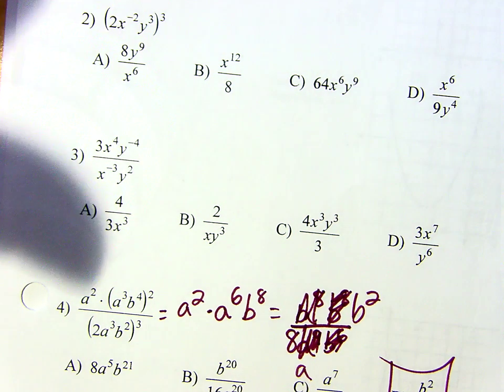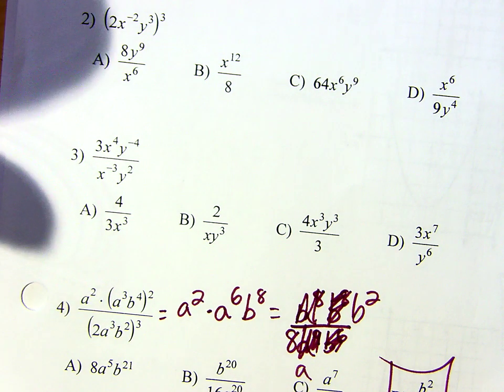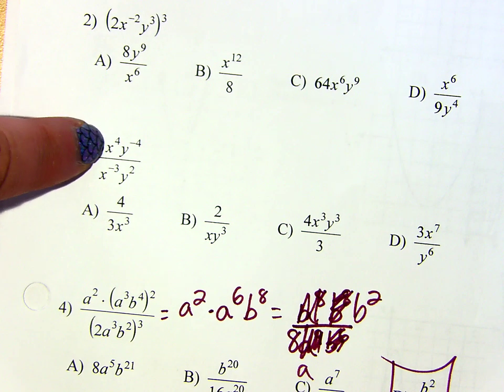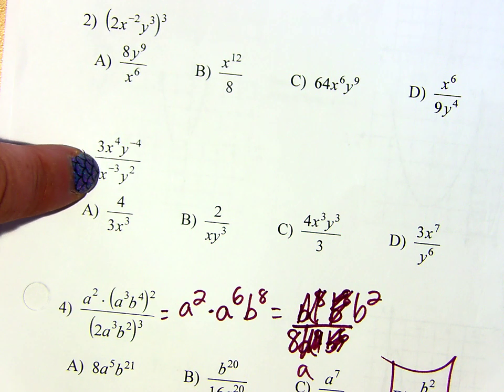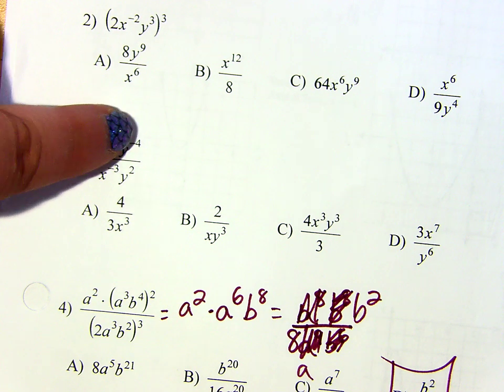Let's assume that there was more than one choice that had a 3 in the numerator, though. So, look at the x's. That x to the 4th is going to stay exactly where it is, isn't it? What happens to that x to the negative 3rd down there? It moves up, right?